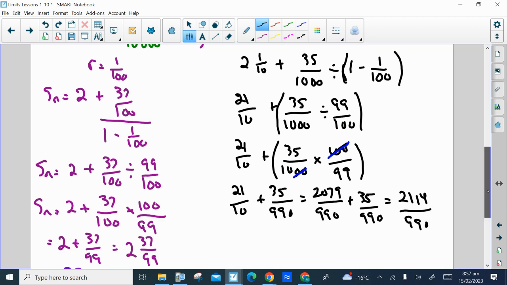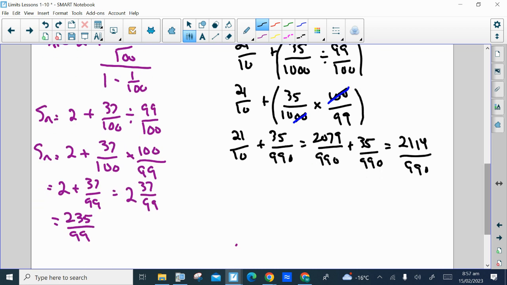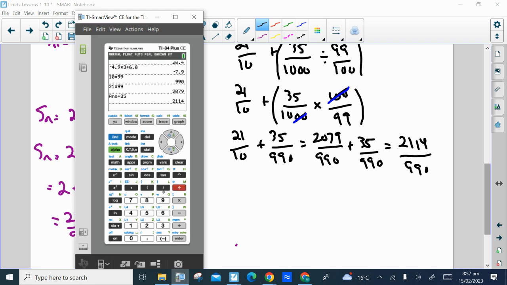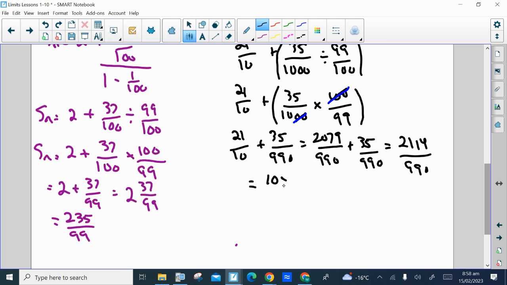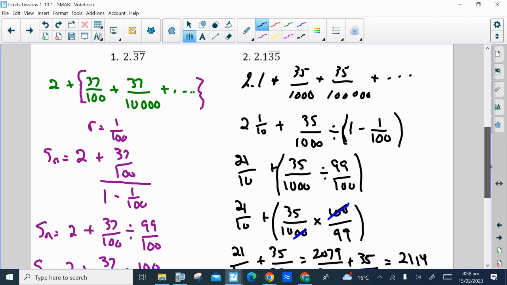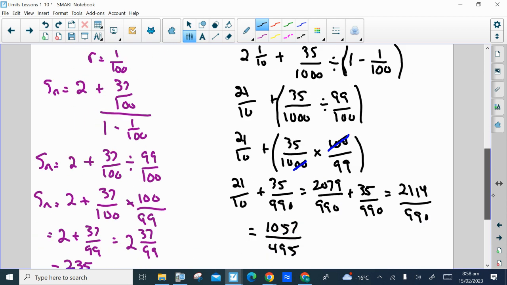And these are both divisible by 2 because the last digits are even. So 2,114 divided by 2 is 1,057. 990 divided by 2 is 495. So it's 1,057 over 495. And you can check that, right? We need to get 2.135 repeating.